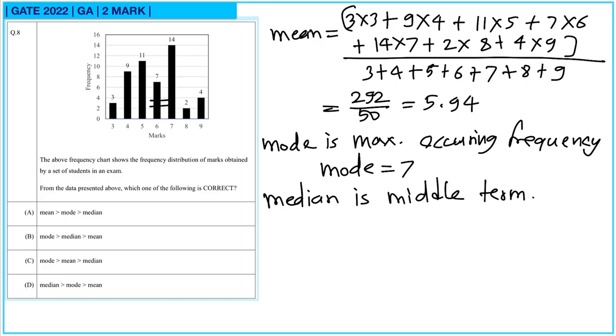So 25th and 26th will be here. That means median is 6. So median is 6, mode is 7 and mean is 5.94. So correct order will be mode is greater than median is greater than mean. So option B is correct.